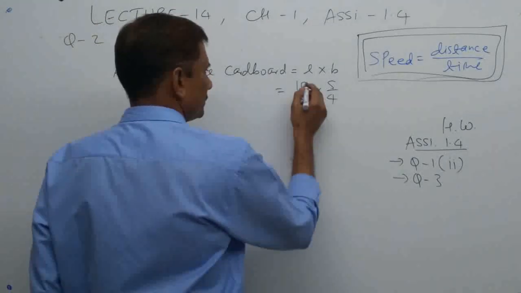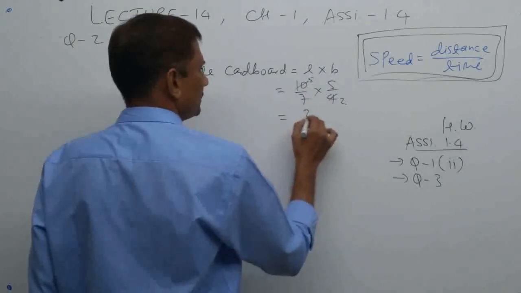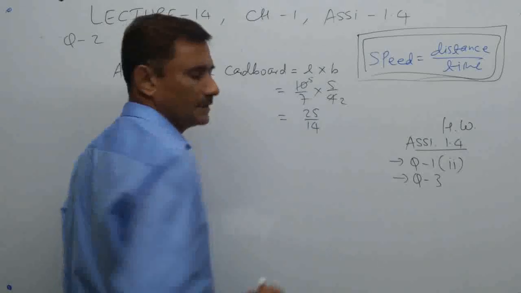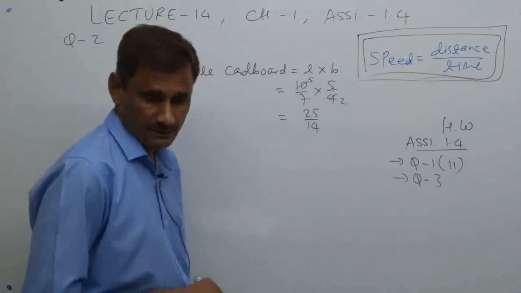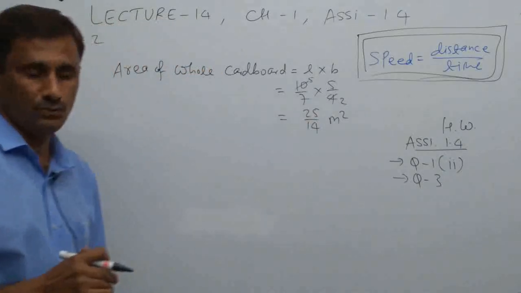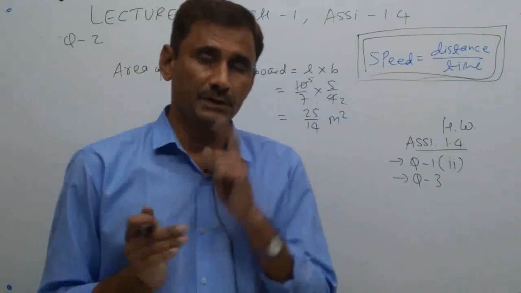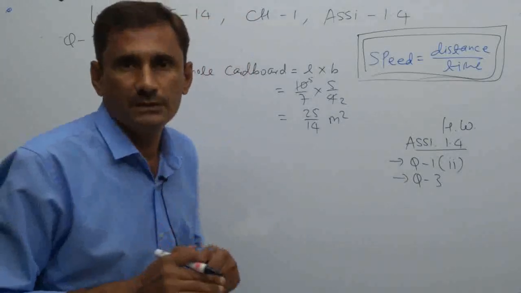Cutting by 2 is possible, so it will be 25 by 14 square meter. This is the whole cardboard. Now we want the area of 3 pieces, but first find for 1.